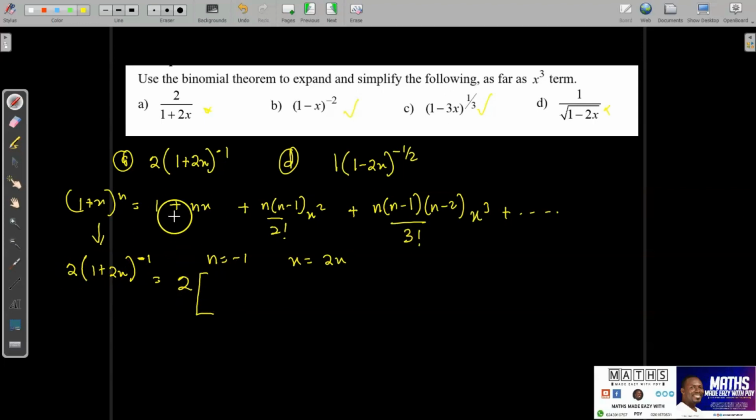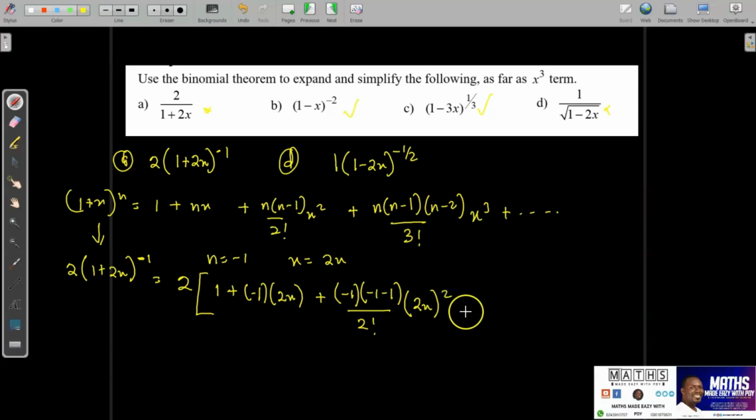So 2 multiplying, then we have 1 plus, we've seen the n value as -1, our x value as 2x, so 2x plus n value is -1 times -1 minus 1 all over 2 factorial, then x value is 2x all squared, plus n value is -1 times -1 minus 1 times -1 minus 2 all over 3 factorial and then 2x all cubed.